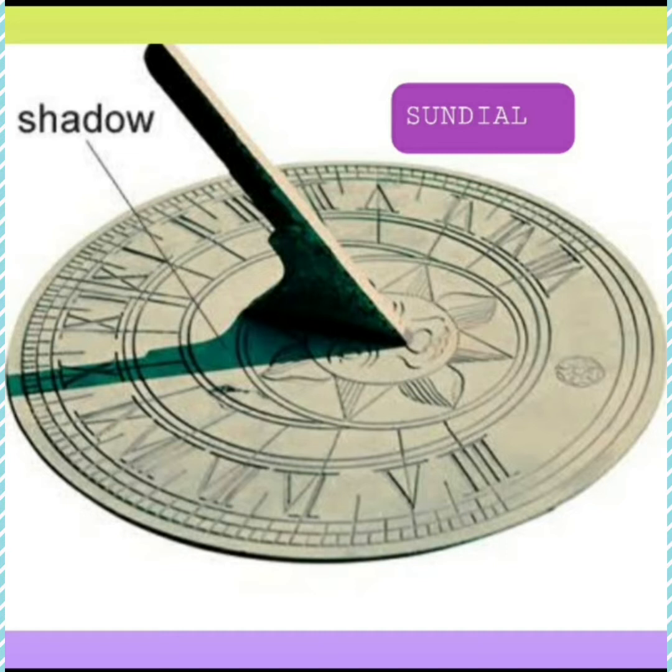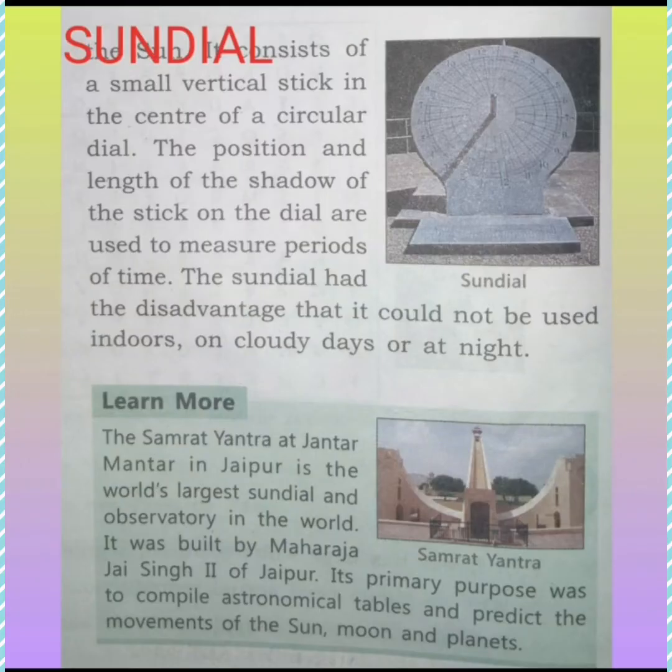See the shadow of the stick. The shadow of the stick falling on the marking gives the time of the day only, because it couldn't be used at night, not on cloudy days, nor even indoors.